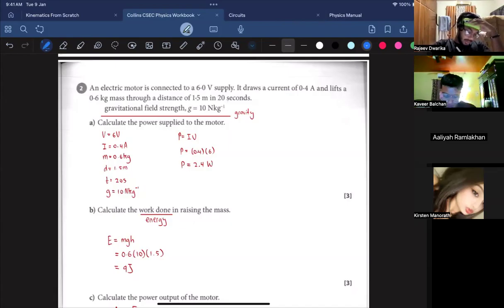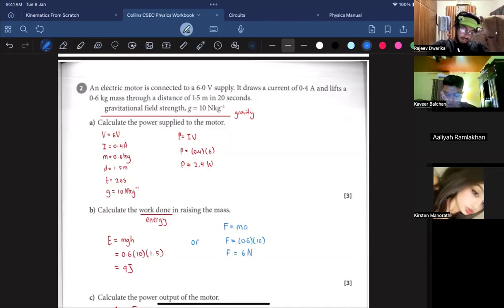Well, I think force is equal to the mass multiplied by the gravitational field strength. Mass is 0.6 kg, and force is mass times acceleration, because gravity is acceleration. So the force is 0.6 by 10, which gives 6 newtons.